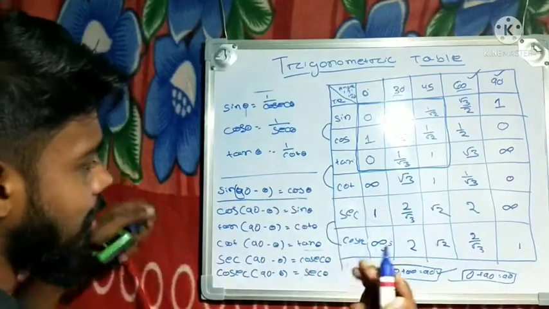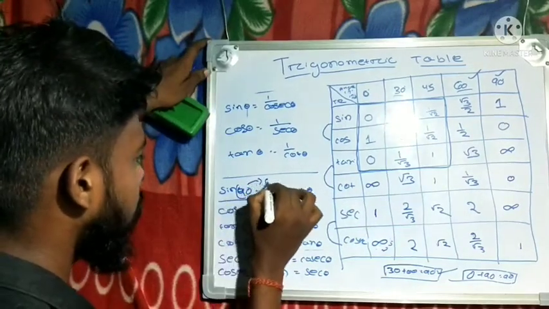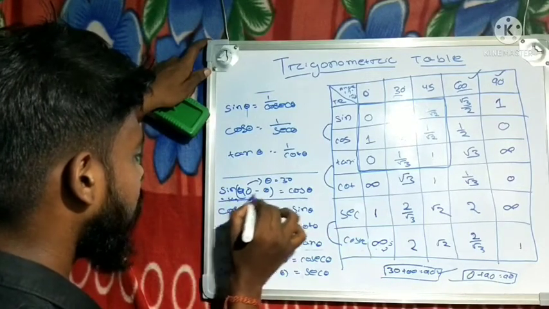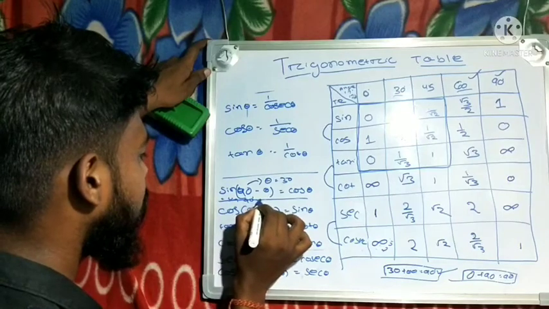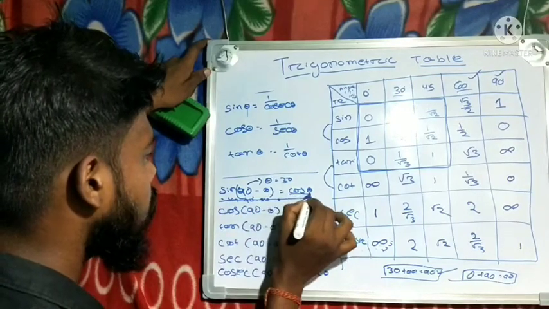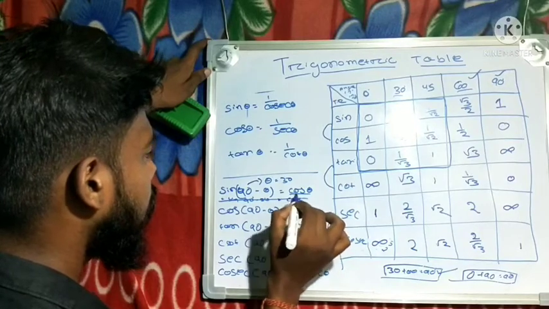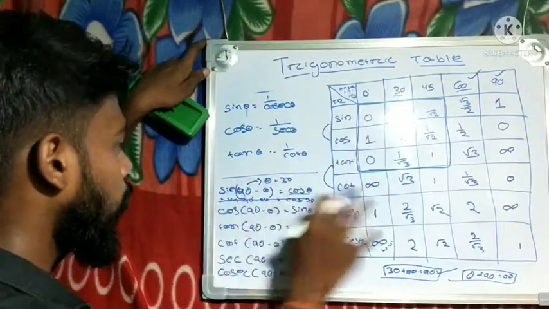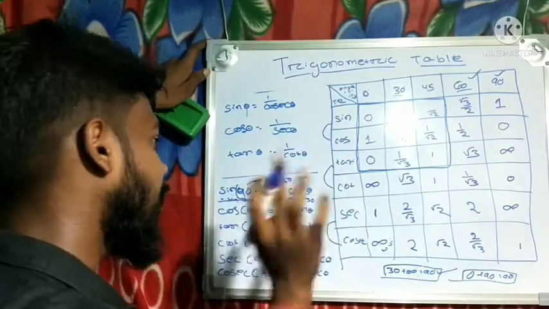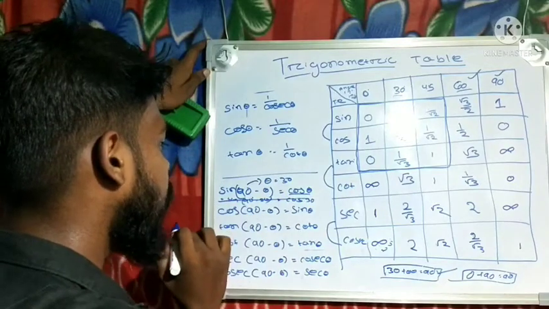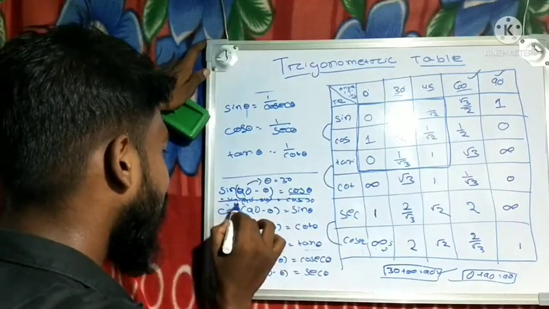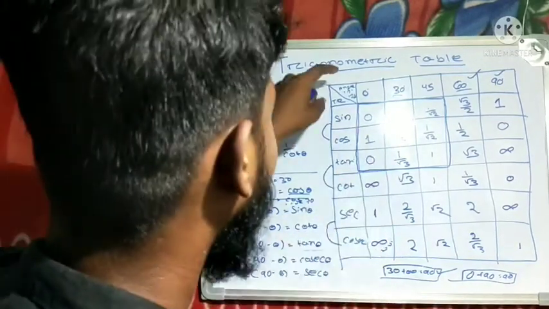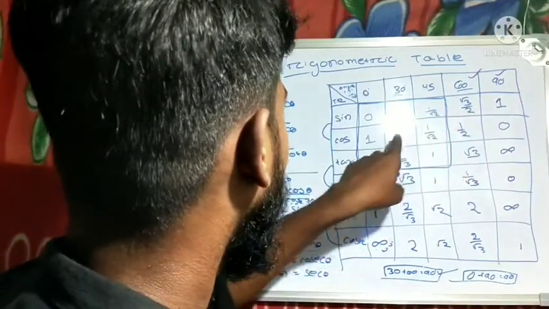For example, if we take theta as 30, this is a small example, then sine 90 minus theta is equal to cos theta, and we have to put 30 in both the thetas. Sine 90 minus 30 is equal to sine 60, and that means sine 60 is equal to cos 30, which is implemented. Sine 60 is equal to cos 30.